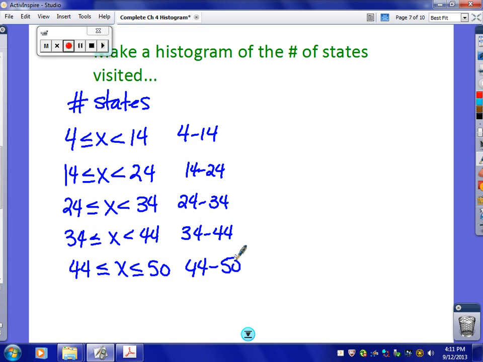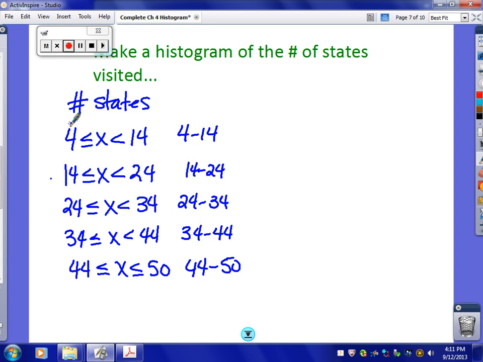So if somebody visited 14 states, they would be in the second class, not the first class. You include the lower bound, and the upper bound is what it gets up to. If someone could possibly visit 13.9 states, which we can't because these are discrete values, it would go in the first class. But if I did visit 14.1 states, we'd be in the second class.